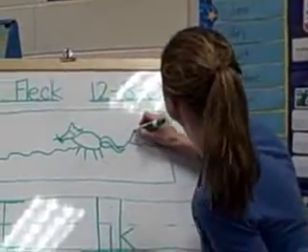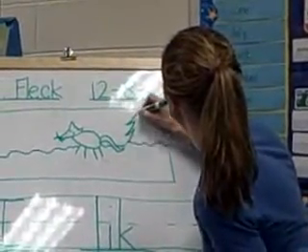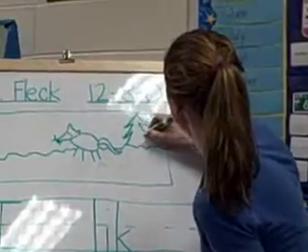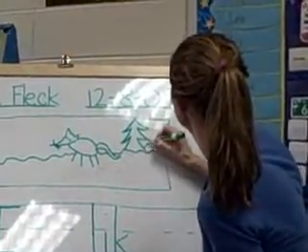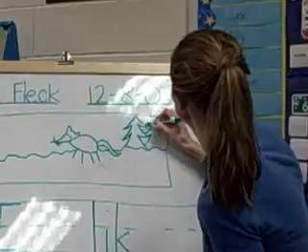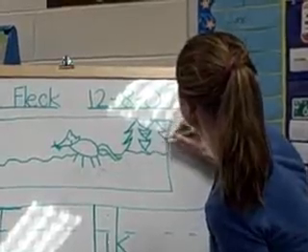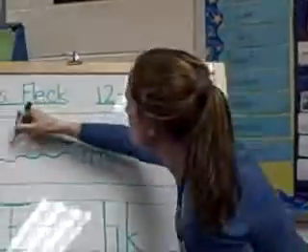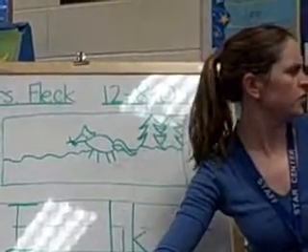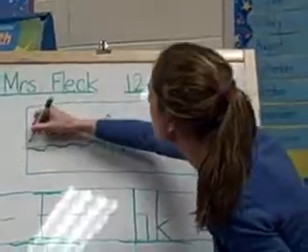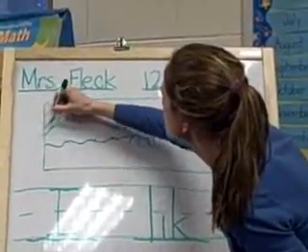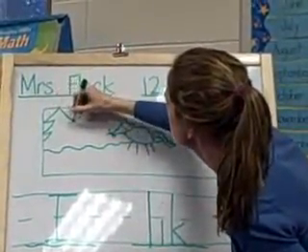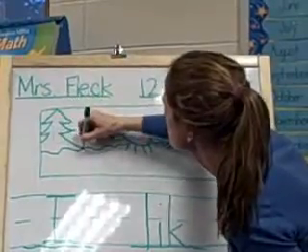And I know there's lots of snowy covered trees. Fill in my background, make that picture more interesting for the person who's reading my writing to look at. There we go. And let's see, looking over at that book. Oh yeah, there's lots of trees. I'm going to draw some more trees even in my picture. There we go.